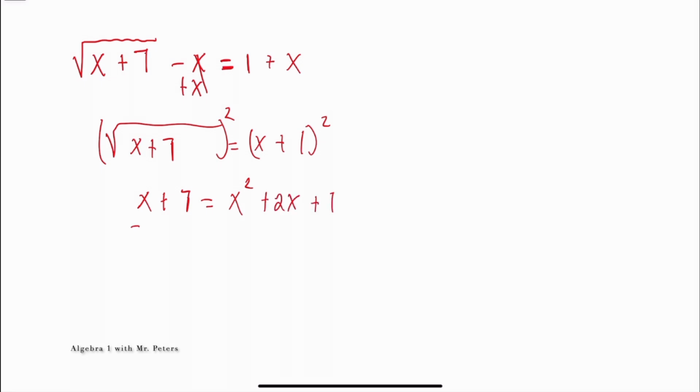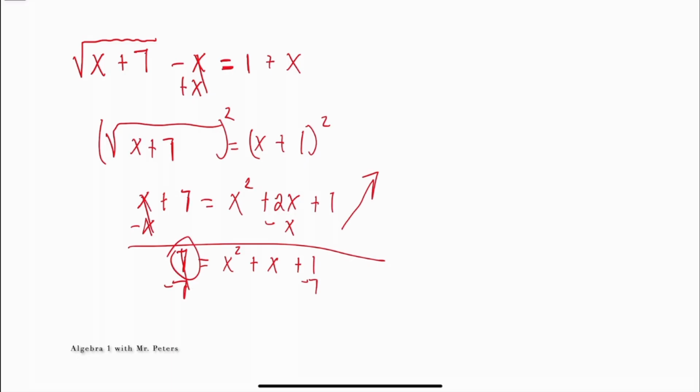Now we start to simplify by combining our like terms, setting the equation equal to 0. And this is what we're going to have after that step. So now we have to still subtract 7. And what we're going to get now, family, is 0 is equal to x squared plus x minus 6.